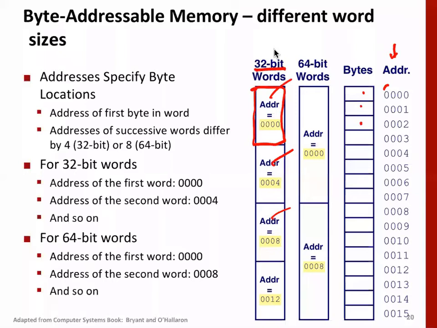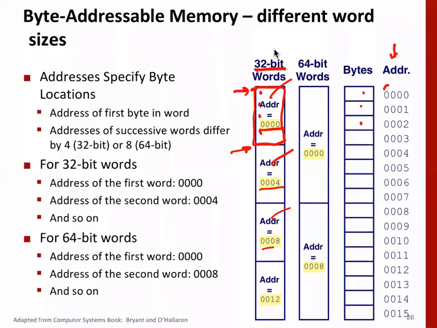What is the address of the first word? 0000. It is actually the address of the starting byte. That's it. What is the address of the second word? It is 0004, because there is the 0th, first, second, third byte, and this is the fourth byte. What is the address of this one? The 0th, first, second word is at 0008.